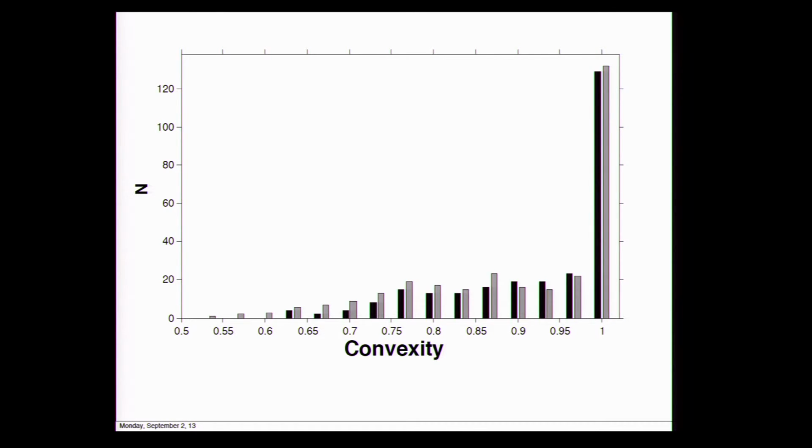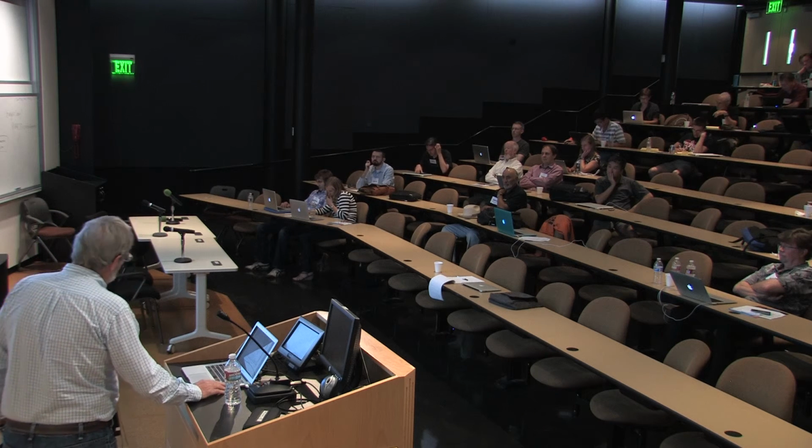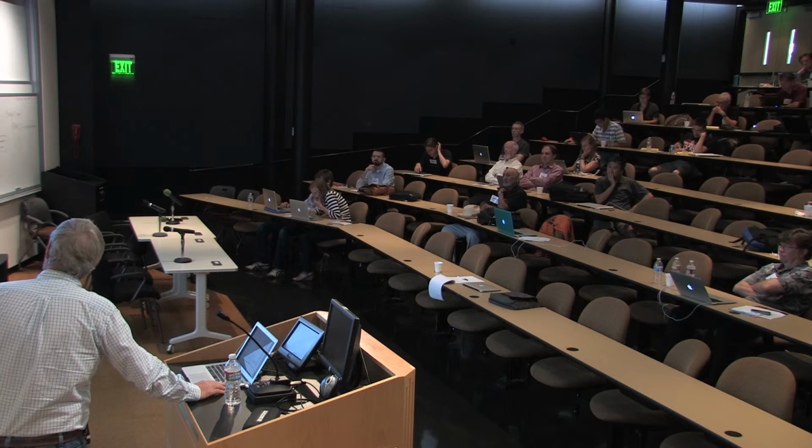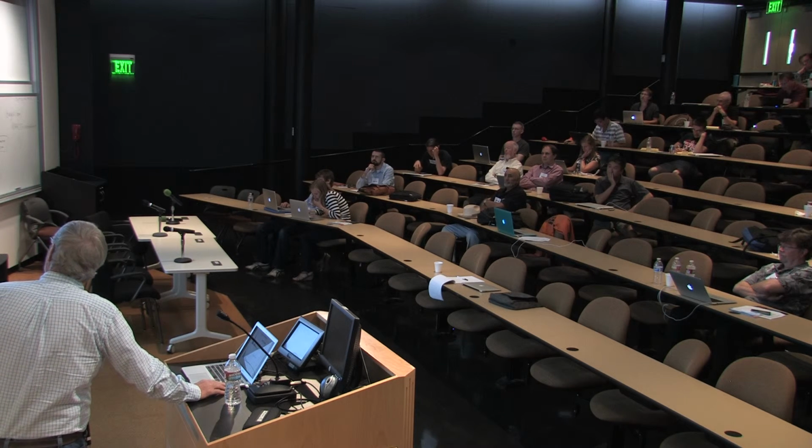This quantity represents the degree of convexity, a simple volume ratio, the ratio of the volume of the convex hull of the void to the total volume of the void, being the sum of the volumes of the tetrahedra that make it up. A purely convex structure has a unity, and you see most of the structures are pretty convex, but there's, again, a distribution of shapes that have indentations or concavities in them.